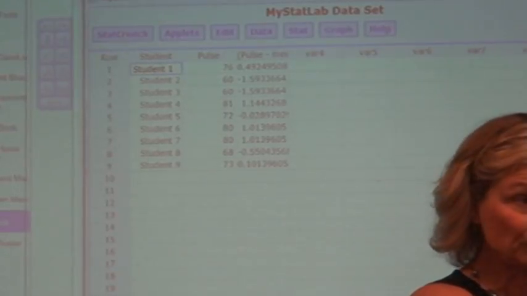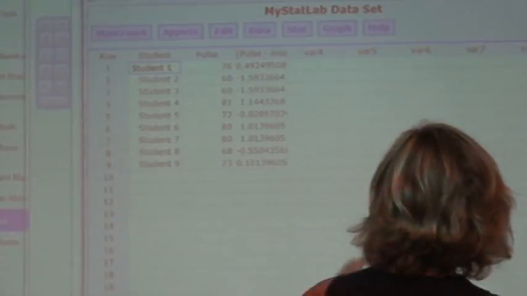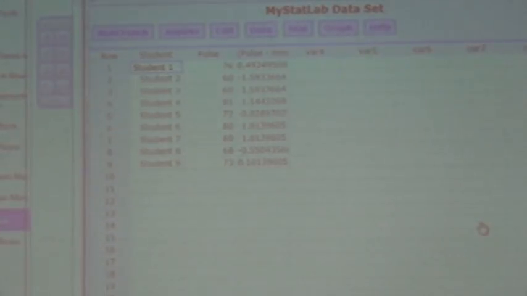It converts the data over to a new distribution. And a z is a specific distribution.